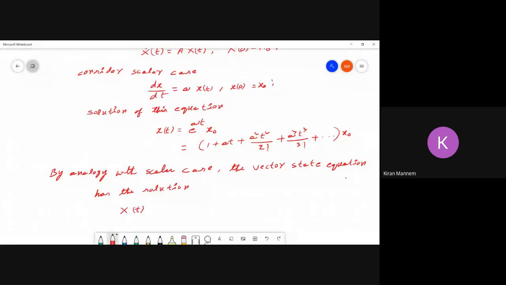So now I am replacing with the vector. x of t would be 1 plus A into t plus A square t square by 2 factorial plus A cube t cube by 3 factorial plus so on, into x naught, right?